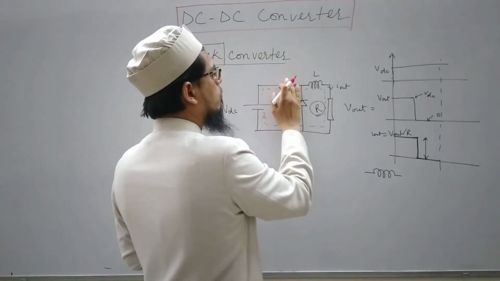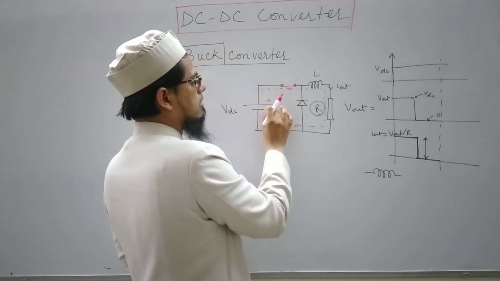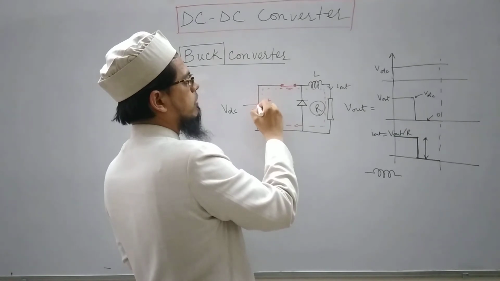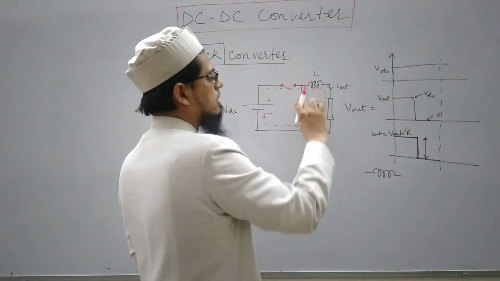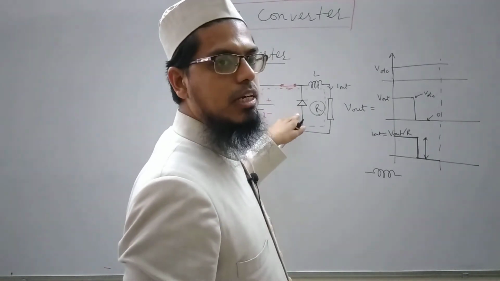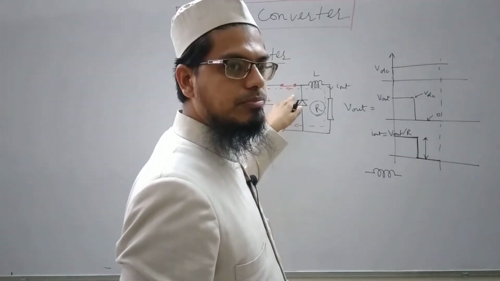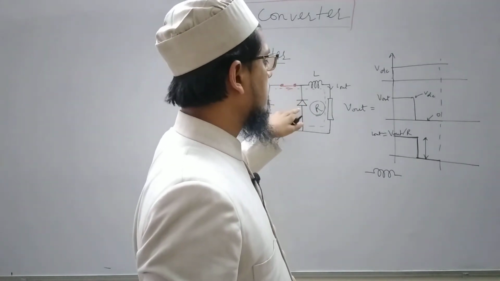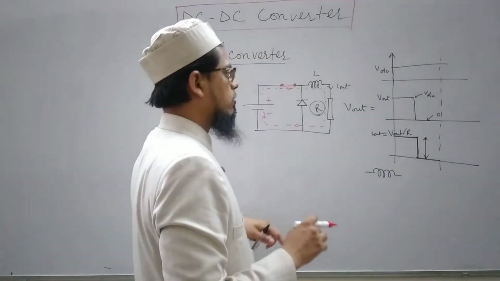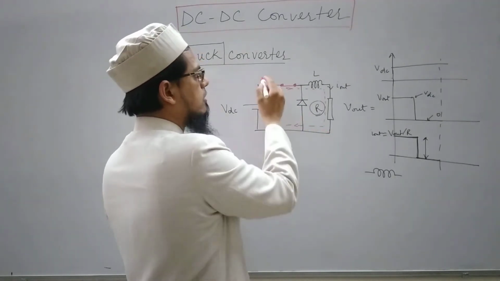Suddenly I removed the switch, and you could see here this is plus and this is minus, the higher potential and lower potential, and this point is the same as this point, the same potential. So definitely this diode is not going to conduct, because its cathode is at a lower potential than the anode. Its anode is basically at a lesser potential than the cathode. So it is not going to conduct in this situation. This is situation 1.